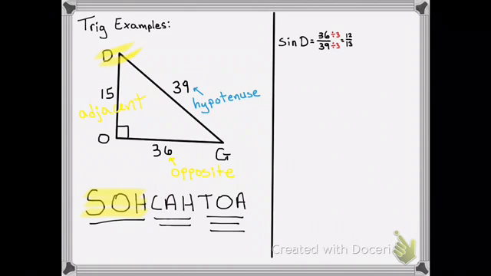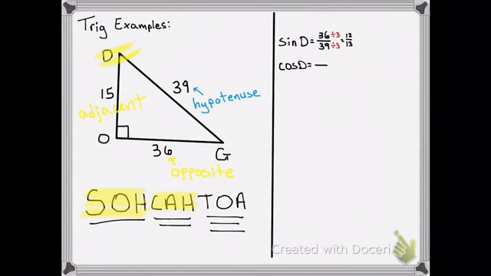We're going to do a couple other examples with this picture. We're going to take a look at the cosine of angle D. We're going to focus only on angle D right now. So for the cosine, if we jump down to our SOHCAHTOA, the CAH, that stands for cosine, is the ratio of the adjacent side compared to the hypotenuse. We've already got our sides labeled based on D, and so we just have to look at what side is the adjacent side.